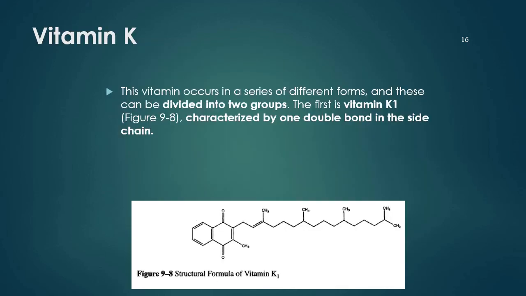Okay, next is another fat-soluble vitamin, which is vitamin K. Vitamin K occurs in a series of different forms, and it can be divided into two groups. The first one is vitamin K1, which is characterized by one double bond in the side chain.